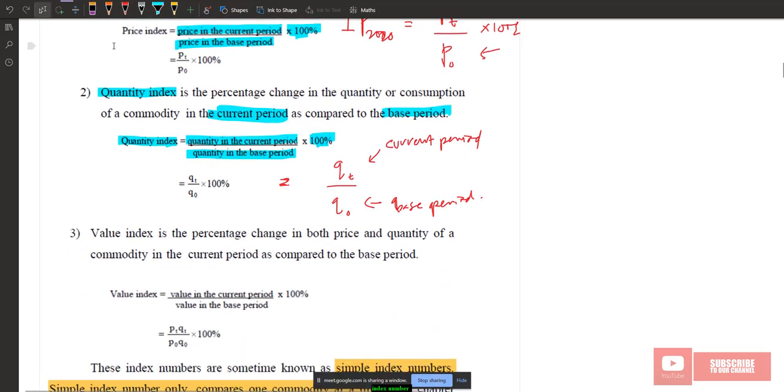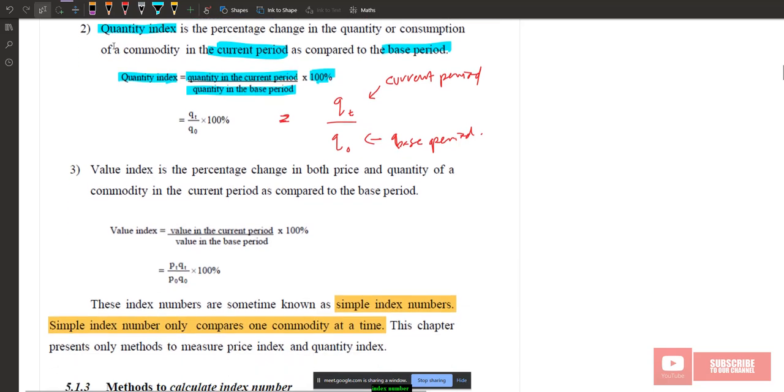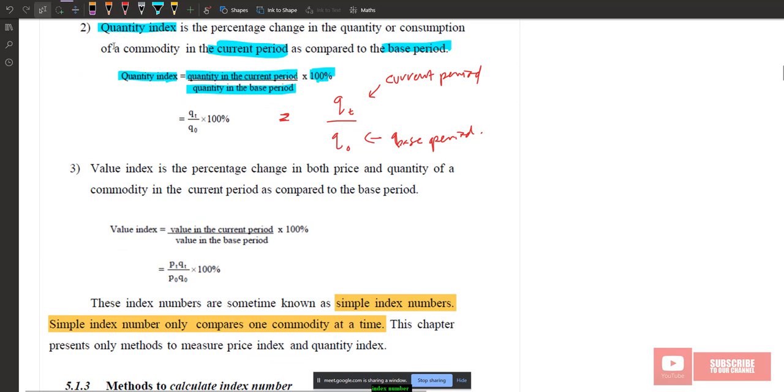So value index is a percentage change in both price and quantity of the commodity in the current period compared to base period. This is the same concept as quantity and price index, but we just combine these two quantity and price index together, right? So the concept is still same.